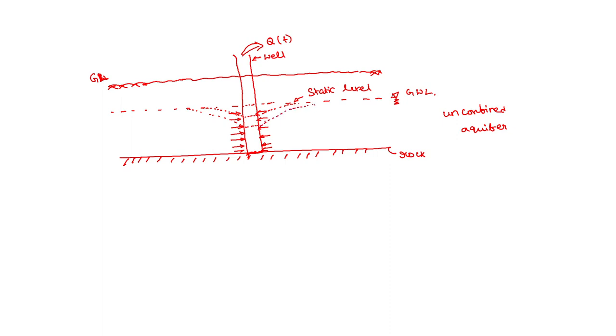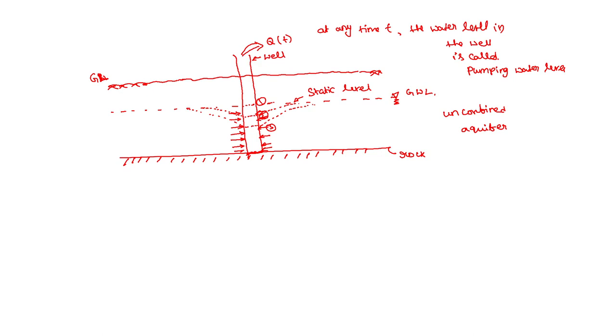Okay, so at any time t, the water level in the well is called the pumping water level. Initially it is here, and after some time it will become here, and then the third. As we pump more and more, the water level in the well will decrease.